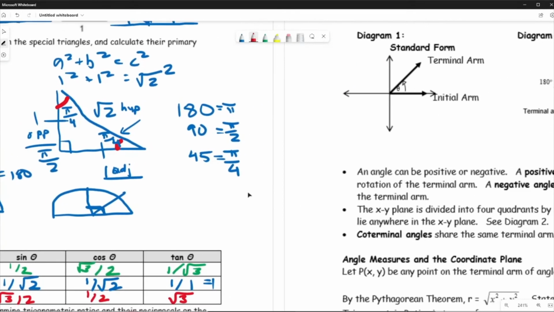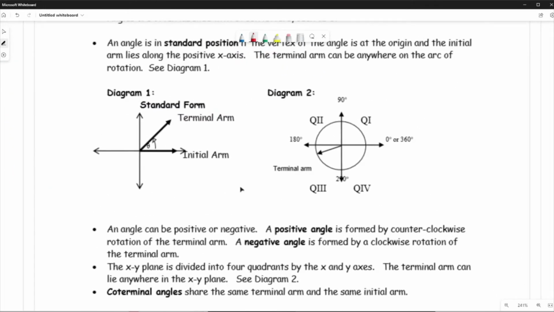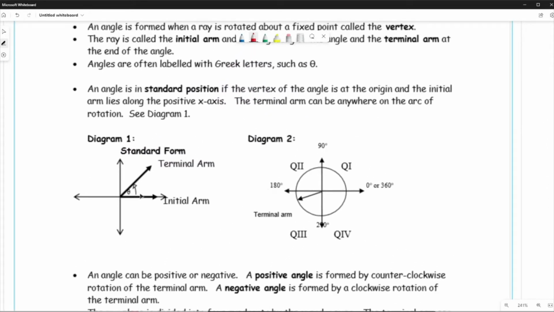But we also know that trig can go beyond the first quadrant and therefore go beyond 90-degree angles, and of course therefore go beyond right triangles. It can be used in bigger triangles, and it can even be used in values that don't even make a triangle, like for example a 200-degree angle that's bigger than any triangle could be.